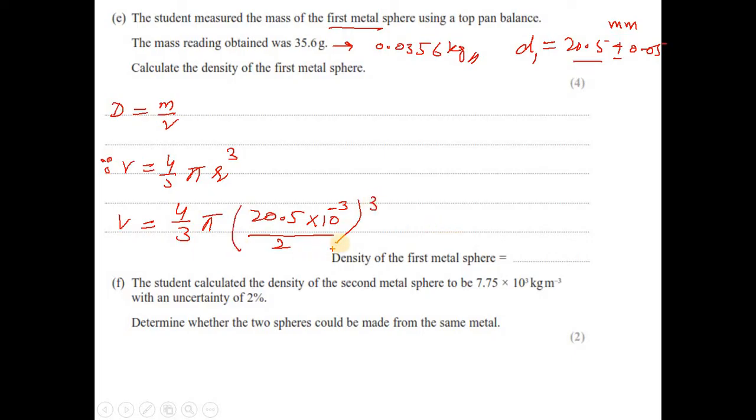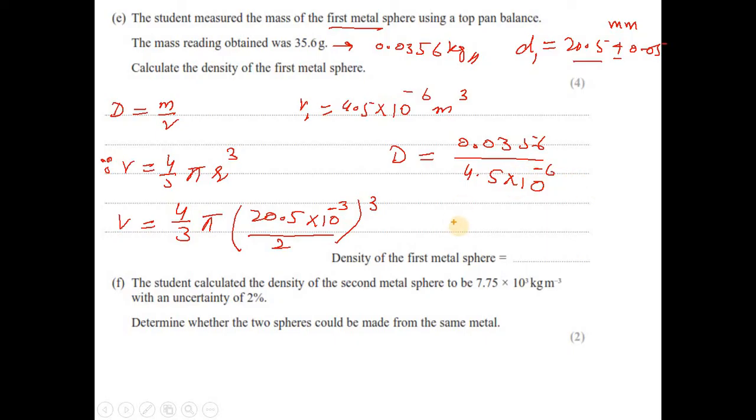So if you do your calculation, you will find V1 is equal to 4.5 times 10 to the power minus 6 meter cubed. And then density D is equal to mass over volume, and mass is 0.0356 divided by the volume, 4.5 times 10 to the power minus 6.